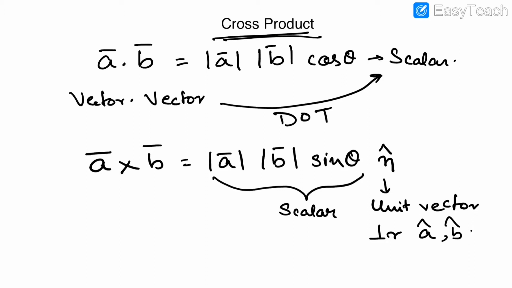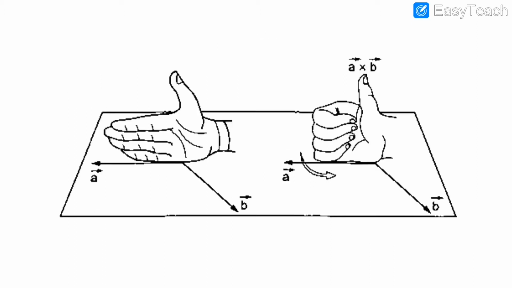What are a cap and b cap? They are the unit vectors along the directions of the A vector and the B vector. And to find n cap, there is a well-defined rule called the right hand thumb rule. So this is the right hand thumb rule.